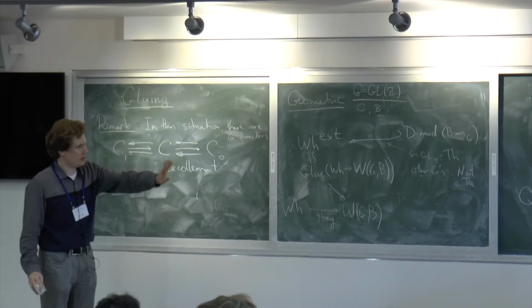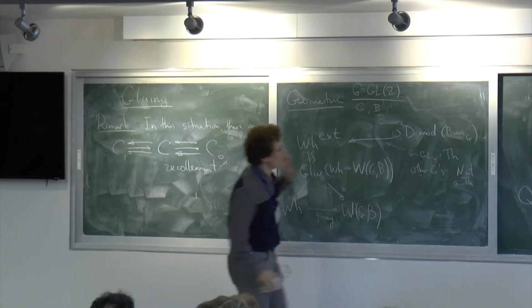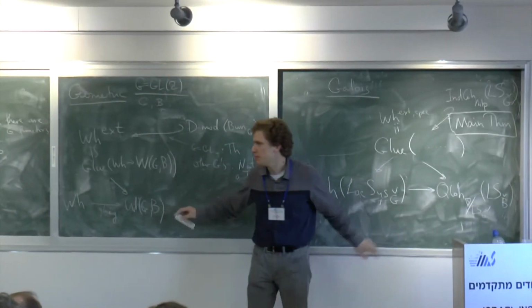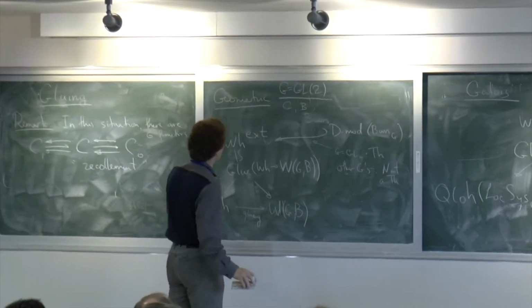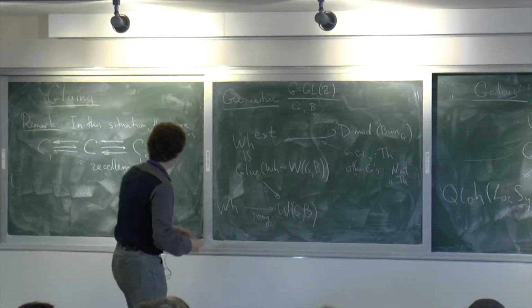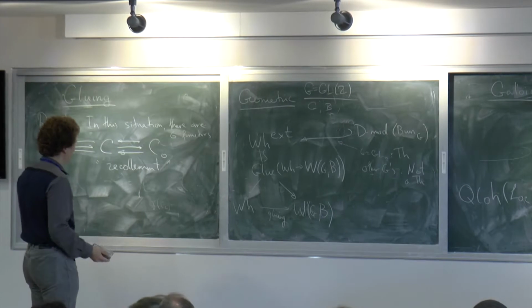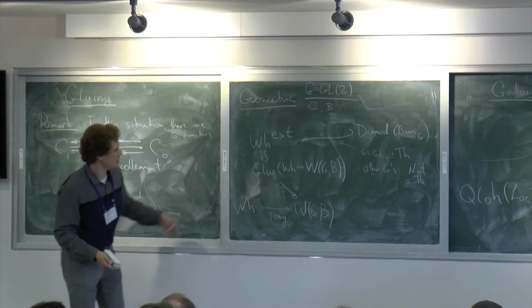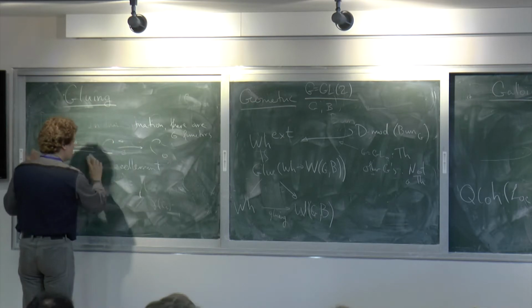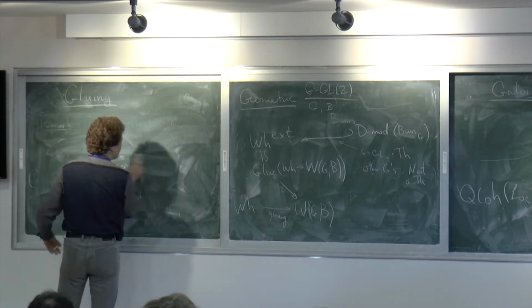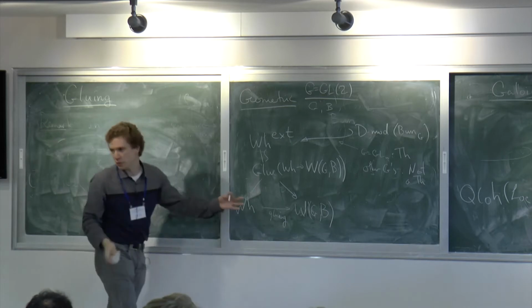Now, in the remaining 15 minutes, I want to discuss these two sides separately. So let me first say what goes on the geometric side. The picture on the geometric side, modulo all the infinities, is a version of the topological story that I started with.